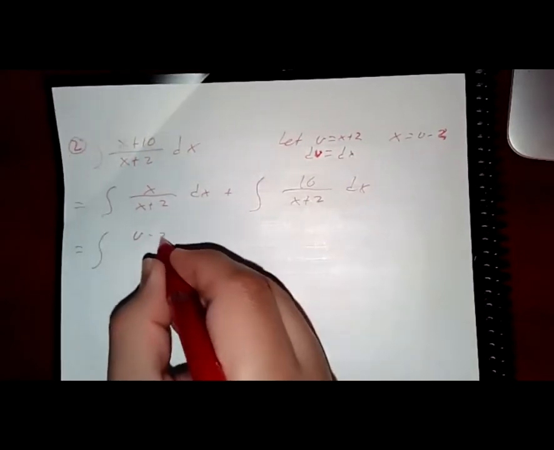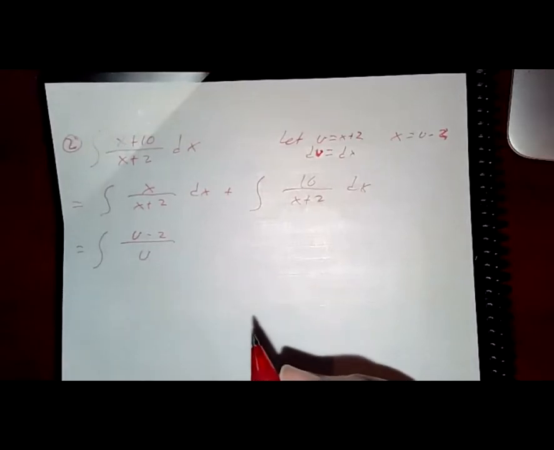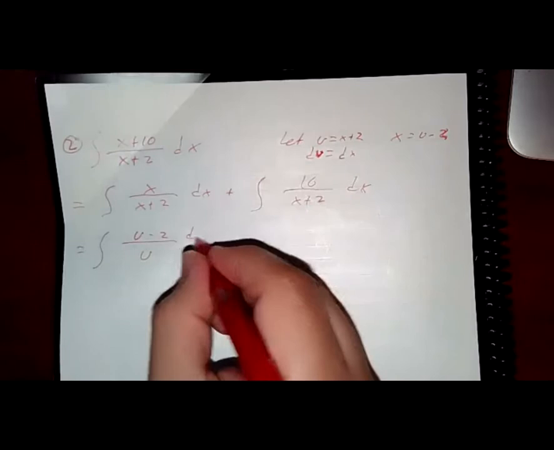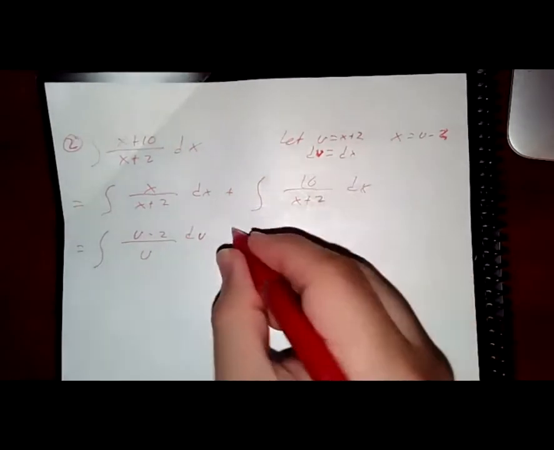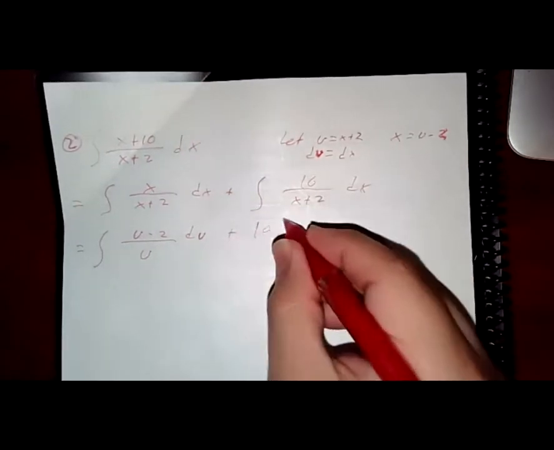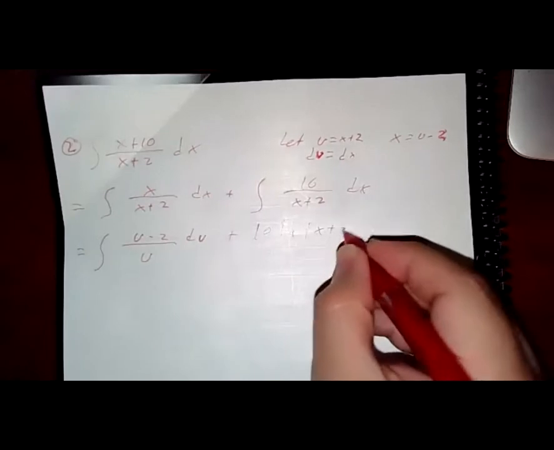So if I do the sub for this first one, you'll get u minus 2 over u du. This one will be a simple ln, right? 10 ln of x plus 2. So that one's no big deal.